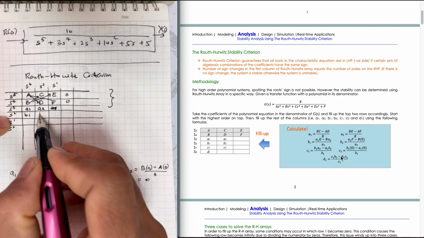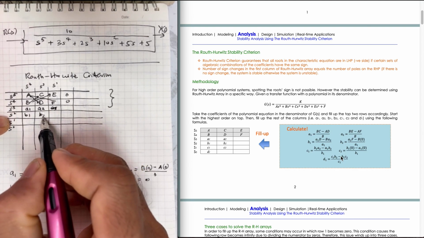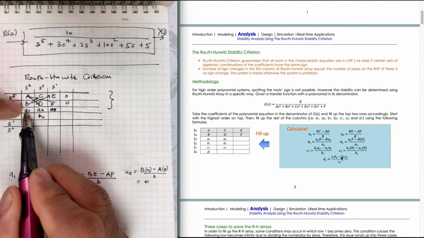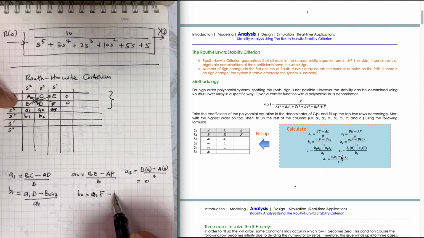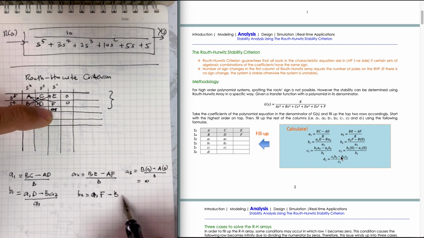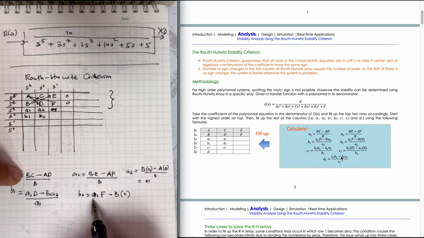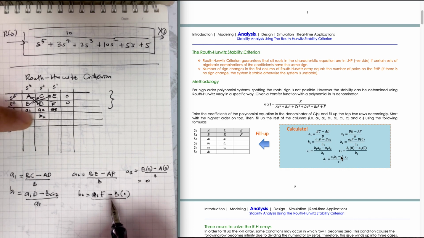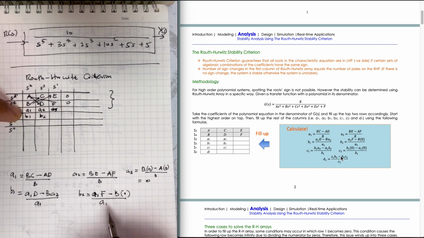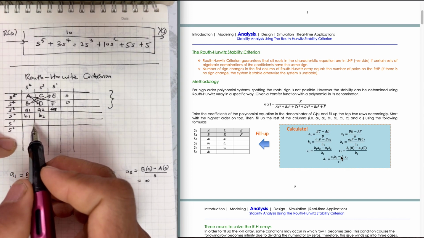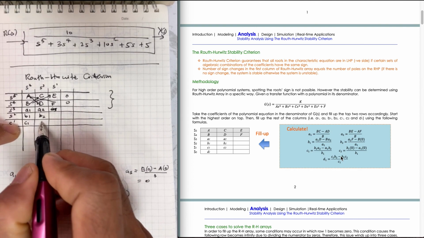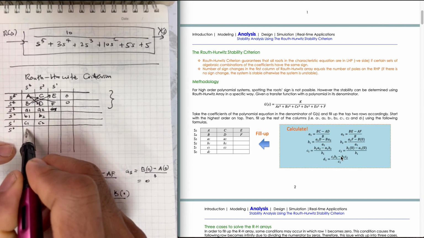Okay, B2 is A1 F minus B 0, because it's 0, divided by A1. So you have the values B1, B2, and then followed by C1, C2, and D1.